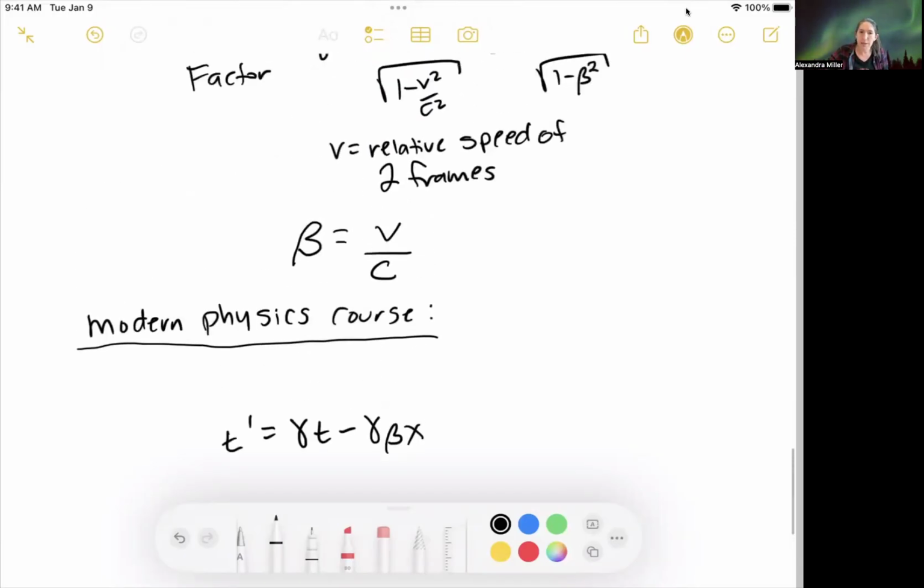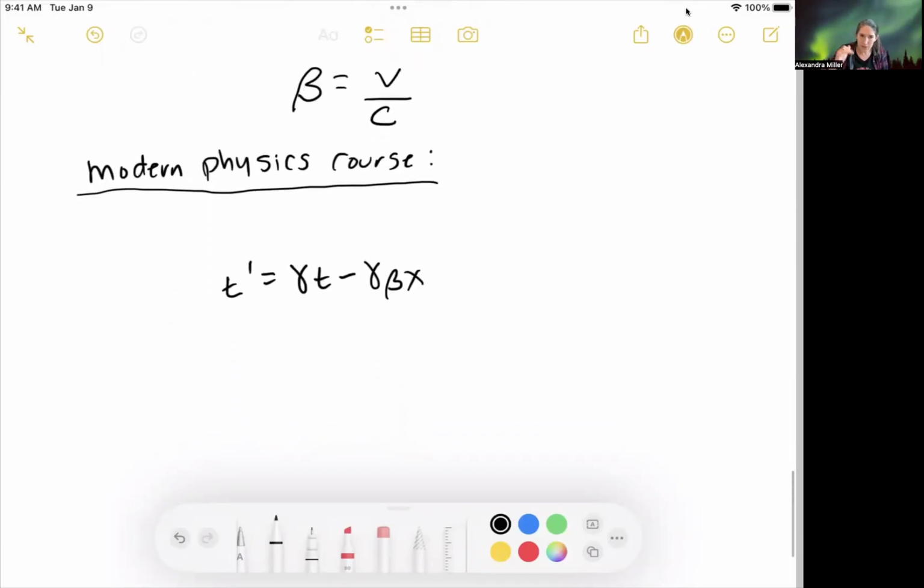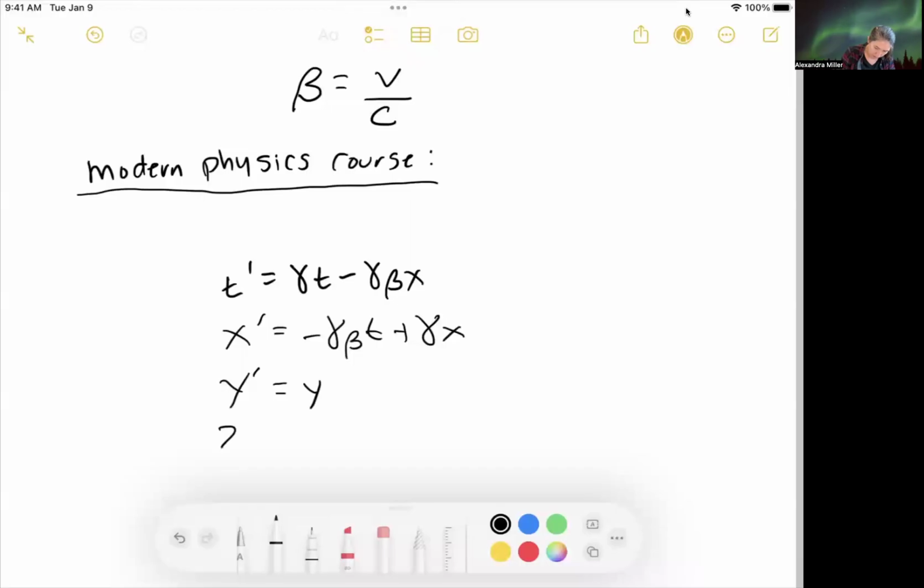If you plug in those expressions I have above, then this should look familiar. Or x prime equals minus gamma beta t plus gamma x, and then y prime equals y, z prime equals z.